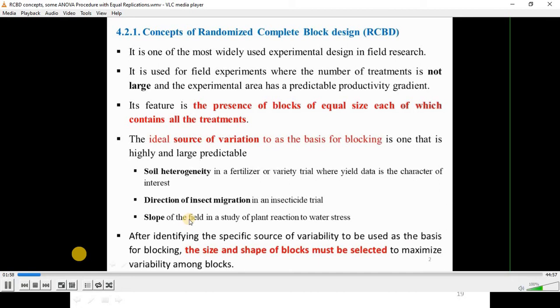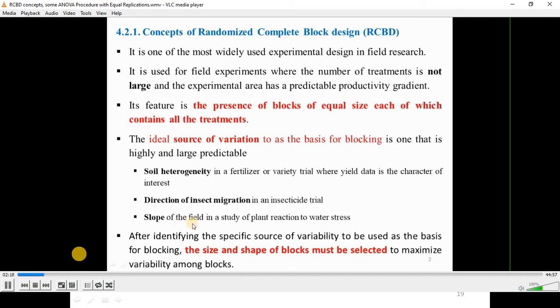And also when there is insect migration, and we know the direction of this insect migration in an insecticide trial, it needs blocking also.